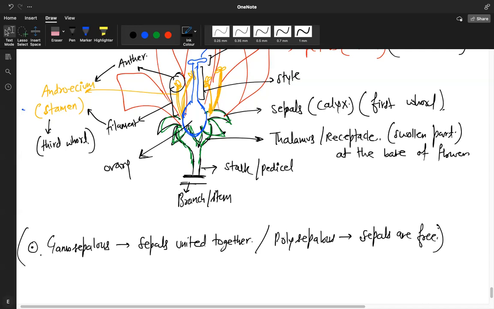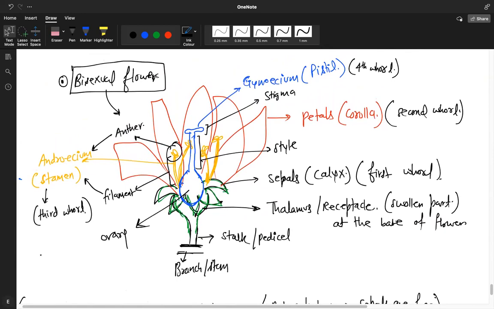Next, write down corolla. Corolla is basically petals. So what are petals? Write down petals are usually brightly colored and have good fragrance. Why do they have bright color or fragrance?